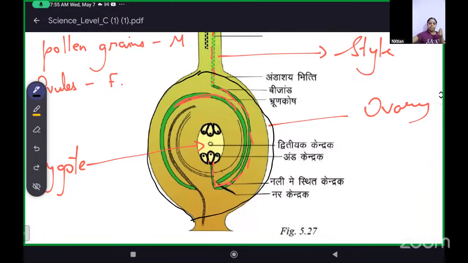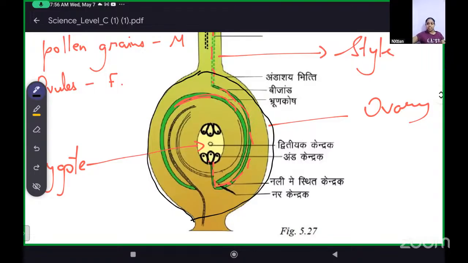The petals fall off, sepals fall off, all the other parts fall off, and it grows. It becomes bigger, and first it is an unripe fruit, and then it gets ripe. Inside the fruit, seeds develop.